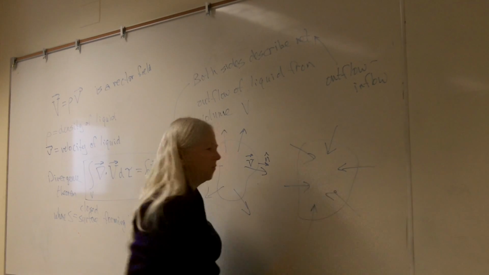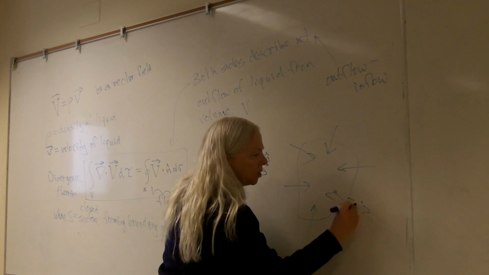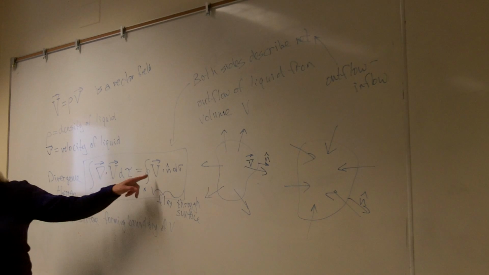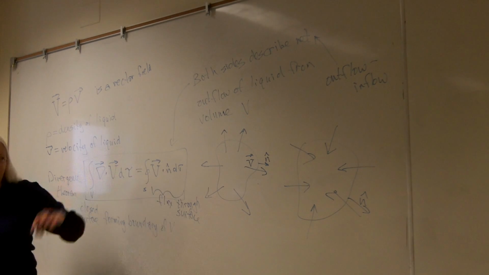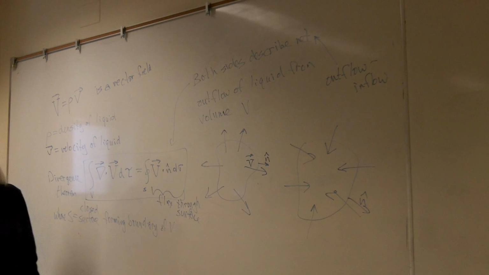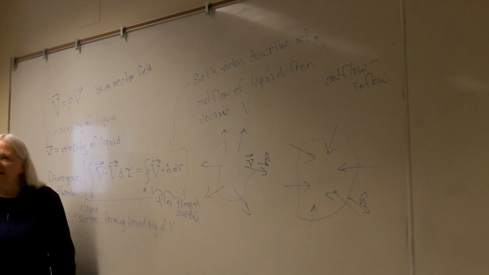So my vector field V would be pointing inward like that. N hat would be pointing outward, normal to the surface. So V and n hat would be anti-parallel, or at least close to it, over that entire surface. That means the dot product would be negative. And so if we have inflow instead of outflow, the flux integral gives us a negative result.